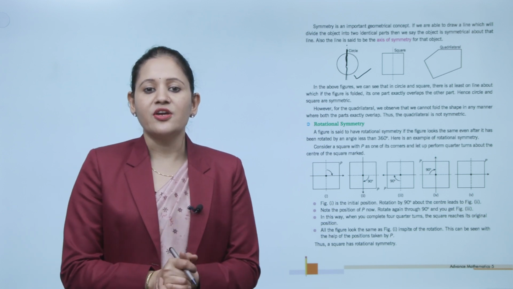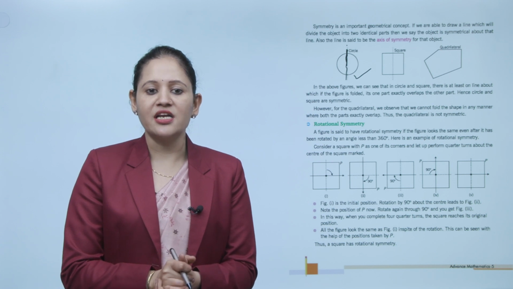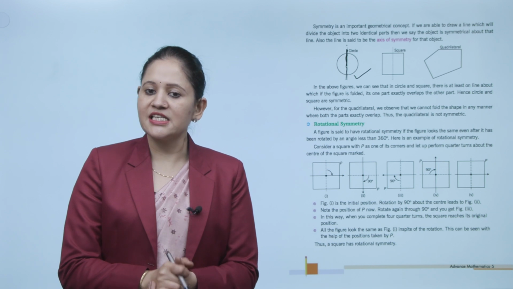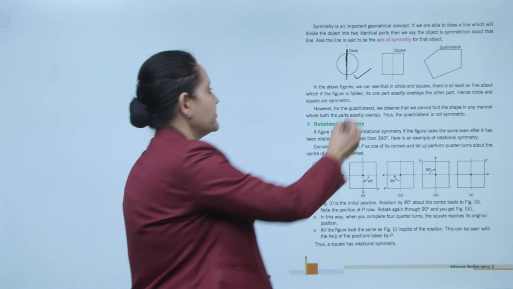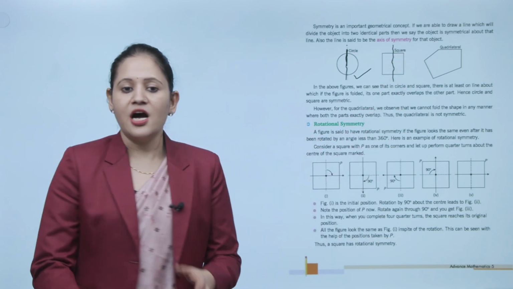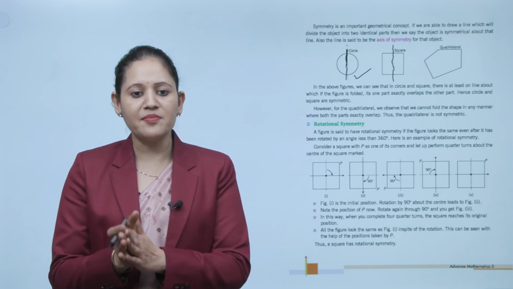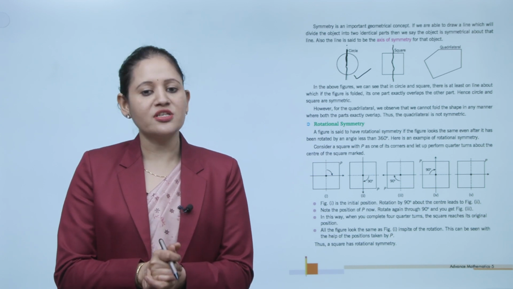In the above figure, we can see that in circle and square, there is at least one line about which, if the figure is folded, one part exactly overlaps the other part. Hence, circle and square are symmetrical. Like here, this is the line of symmetry. However, for the quadrilateral, we observe that we cannot fold the shape in any manner where both the parts are exactly overlapped. Thus, the quadrilateral is not symmetrical.